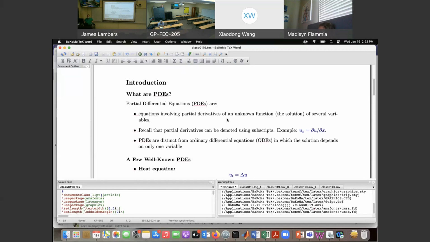So in that case, your equation features partial derivatives of your unknown solution with respect to each of those variables. And what you'll find is that often solution techniques for ODEs are very useful in the solution of PDEs. If a PDE has a solution that depends on, let's say, 3 variables, then we can decompose that PDE into 3 ODEs, one for each variable.